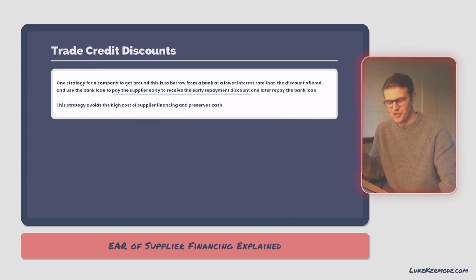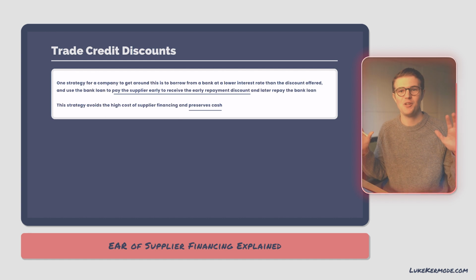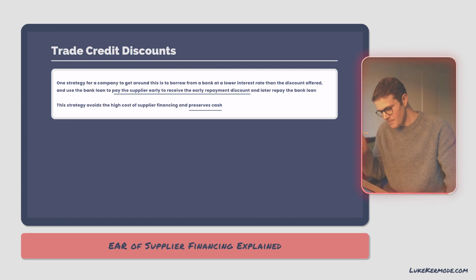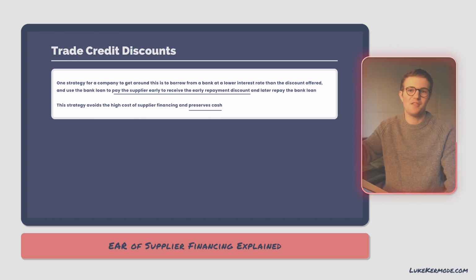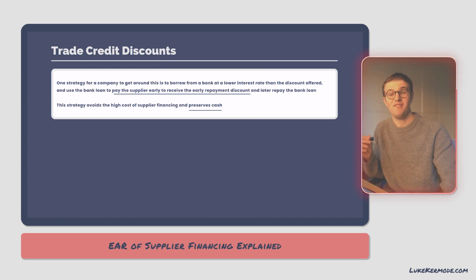The good thing about that strategy is it avoids the company using up their own cash, so it preserves the cash of the company. They're not using their own cash to pay off their supplier, they're using a loan from a bank. And again, it avoids that higher cost of supply financing by waiting to repay the outstanding debt in the latter 20-day window. So there are potential benefits to taking out a bank loan.